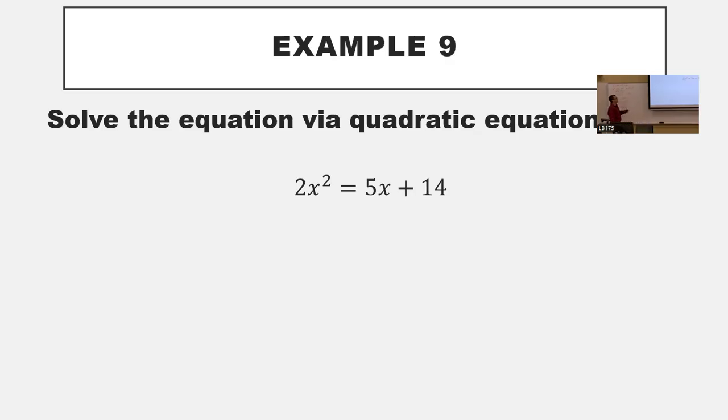So go ahead on your own and try to use the quadratic formula. I guess you could complete the square if you'd like, but I would just use the quadratic formula on this equation.